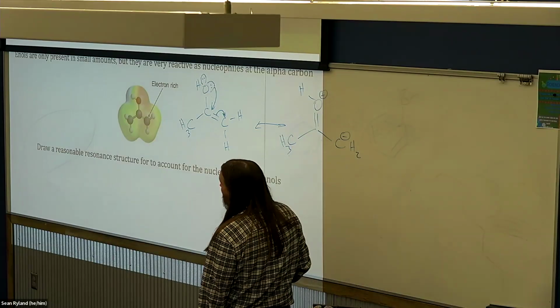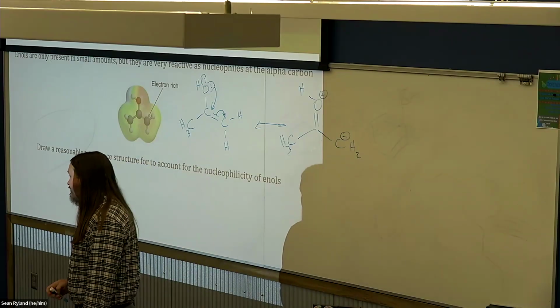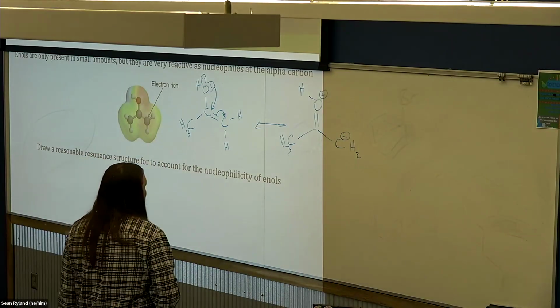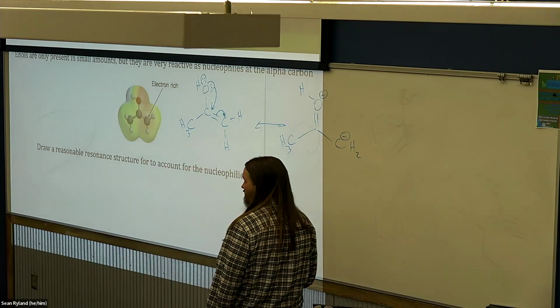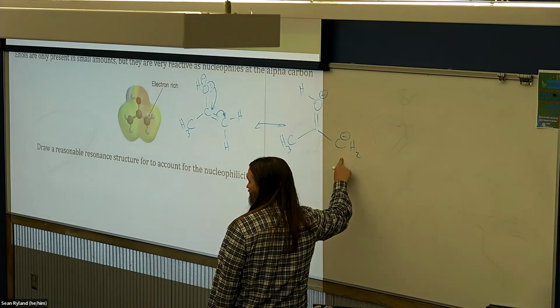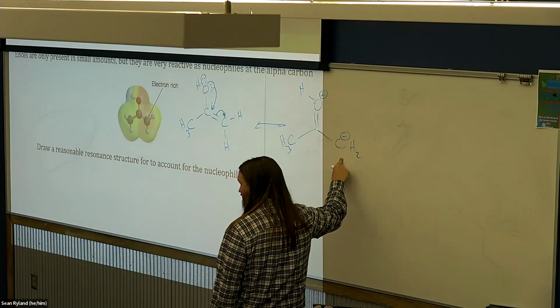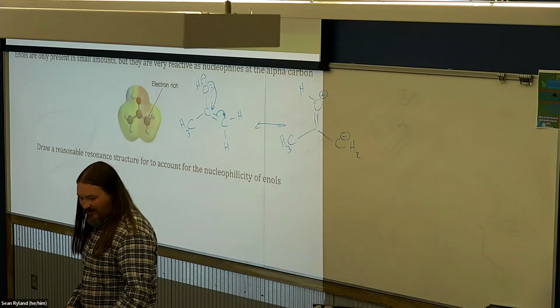But it gives you a carbon with a negative charge, which we don't like, in the alpha carbon position. So this resonance structure is a good nucleophile, because the carbon becomes a good nucleophile.